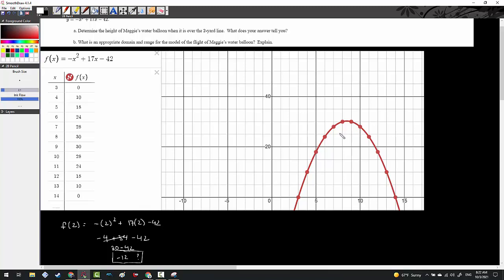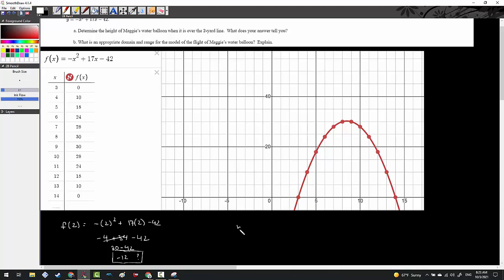What this problem is trying to get at is, although parabolas do have a domain of all real numbers, because in the last episode we saw that these arrows allow the parabola to keep on going, because this parabola is simulating a real-life scenario, we now need to restrict the domain and the range of this parabola so that it can actually model what we need it to model.